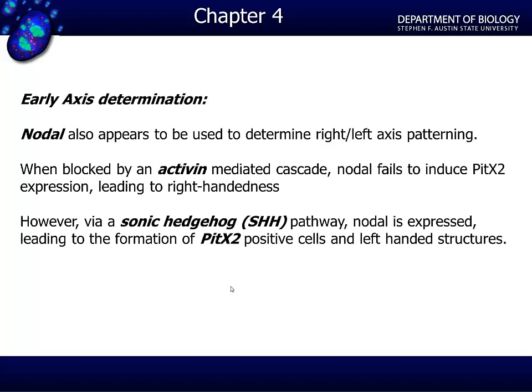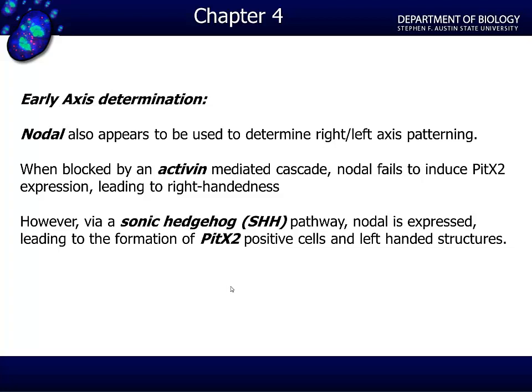Now, right-left patterning. We know a little bit more about the pathways for right-left patterning here, but nodal still appears to be playing a role here, not just along with the factors that lead to posterior marginal primitive streak, but nodal is going to function in axis right and left patterning.